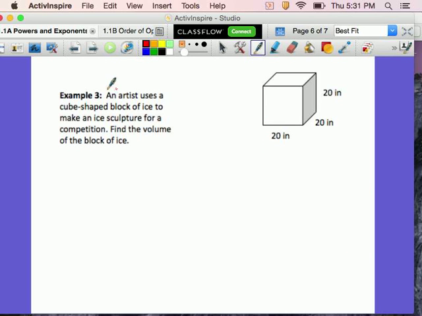Okay, and we've got a word problem. An artist used a cube-shaped block of ice to make an ice sculpture for a competition. Find the volume of the block of ice. And we know we can do this super quickly now, because we know that 20 times 20 times 20 is really 20 to the 3rd power. Type that in your calculator. See what you get. You should get 8,000.